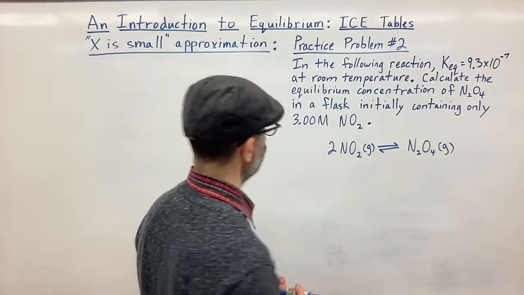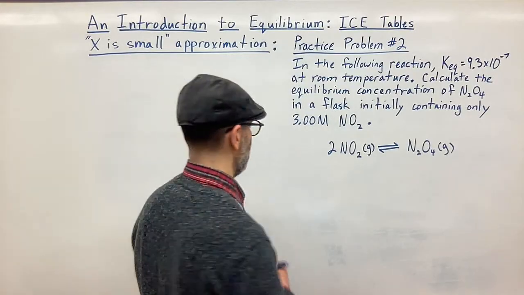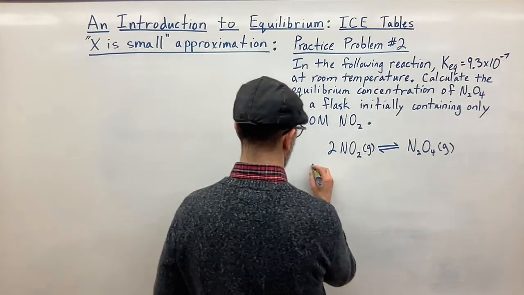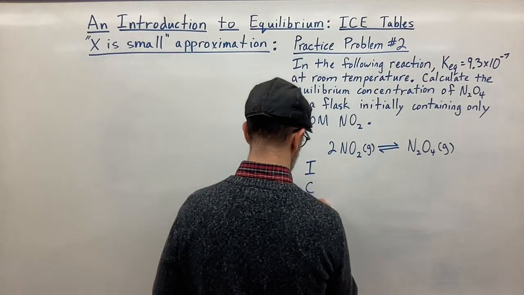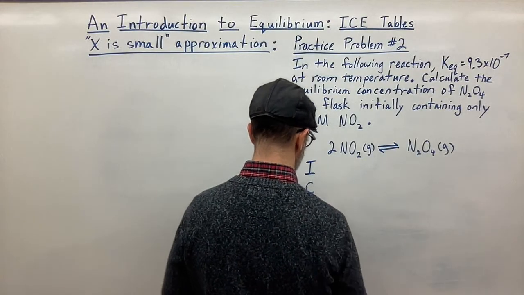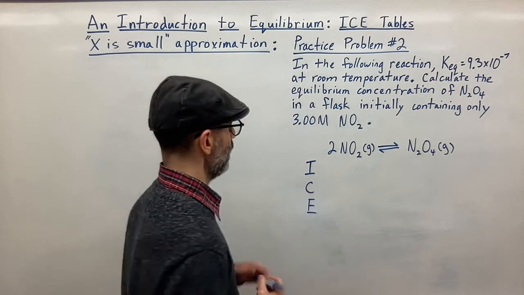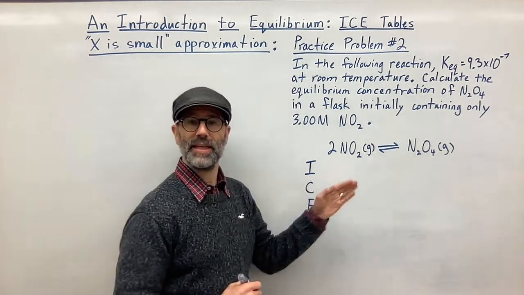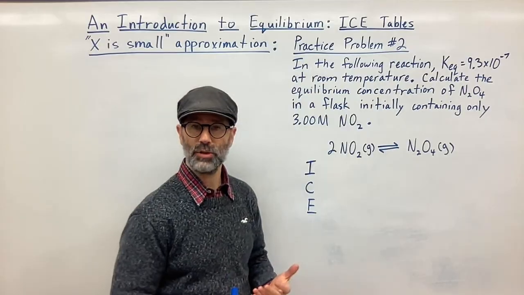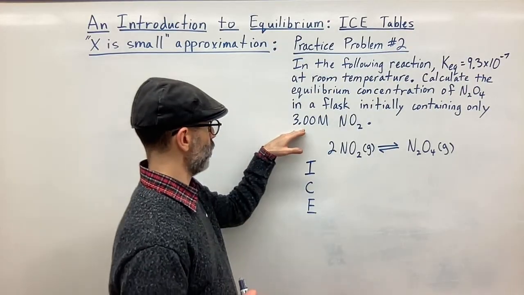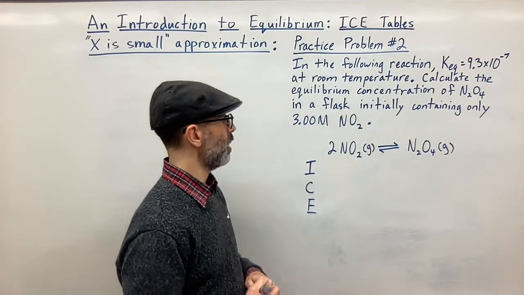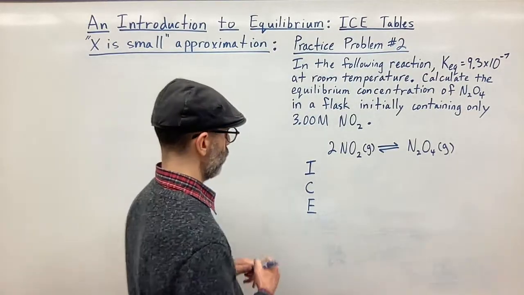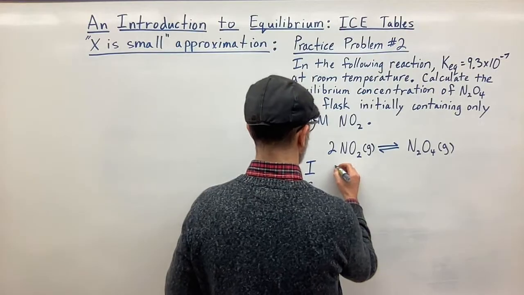The first thing I'm going to do is set up my ice table like I did before. So here I'm going to write I, C, E. And then I'm going to fill in the initial concentrations I was given. It says I start with only 3.00 molar of NO2.